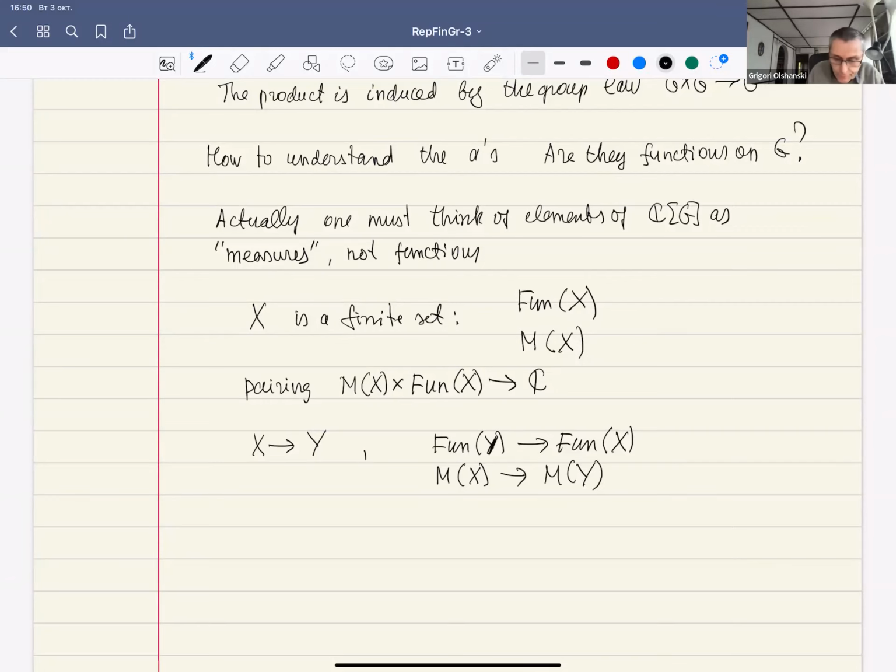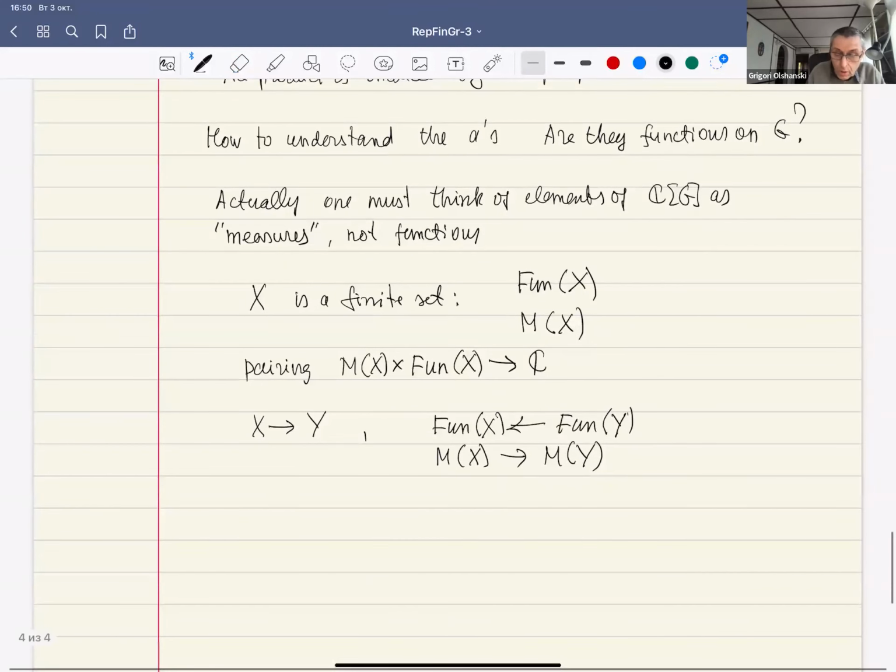Maybe it's better to slightly change this notation, just to emphasize the difference. And from this viewpoint, one can explain why the elements of a group algebra are measures and not functions. Why?